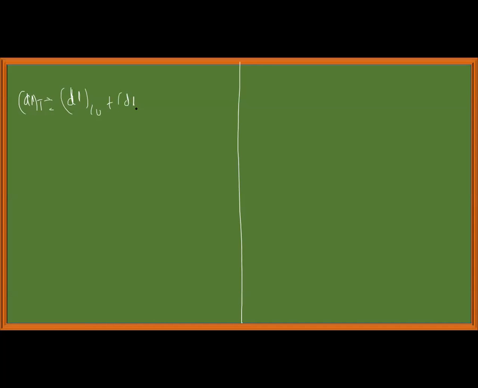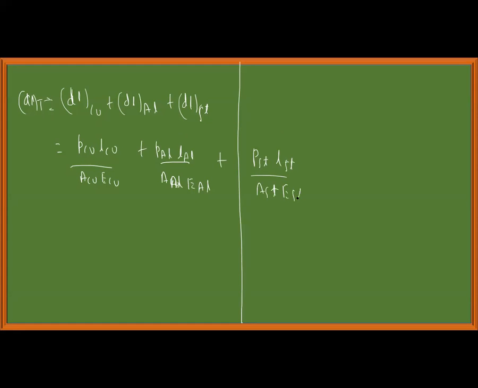Deformation in copper plus deformation in aluminum plus deformation in steel, which is equal to P copper, L copper, over area of copper, Young's modulus of copper, plus P aluminum, L aluminum, area of aluminum, Young's modulus of aluminum, plus P of steel, L of steel, area of steel, Young's modulus of steel. DL is equal to PL by A.